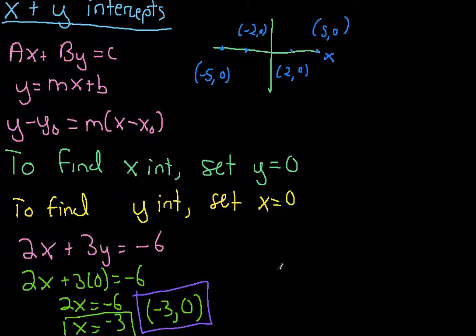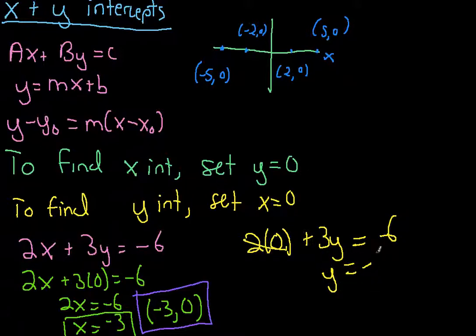Now in order to find the y-intercept, I want to set x equal to 0. So I would do 2 times 0 plus 3 times y is equal to -6. So I can see that just disappears, and after I divide both sides by 3 I come up with y is equal to -2. But again, that's not quite my answer.